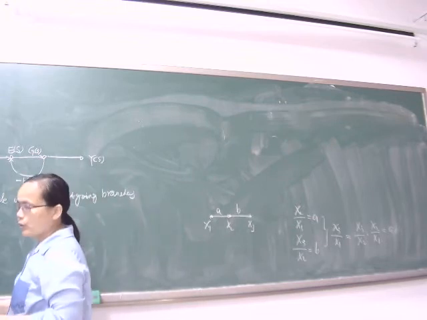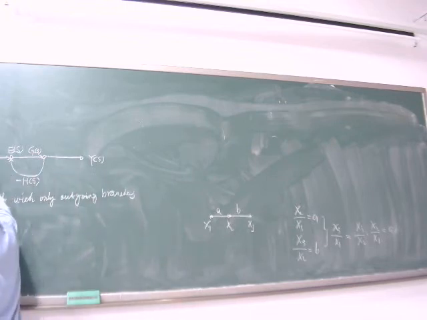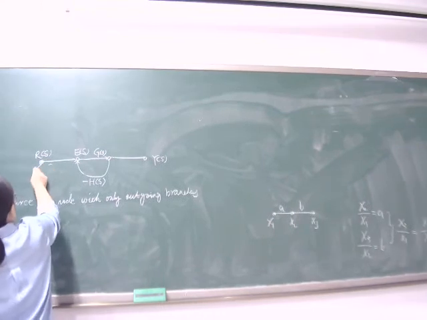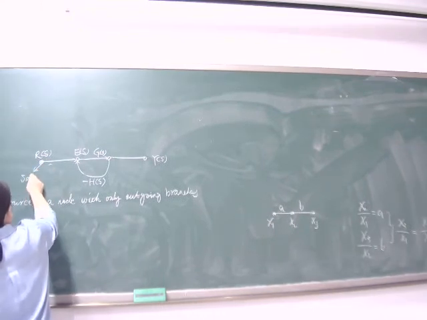Now here we can see R is for this node, it is a source. This node is a source.